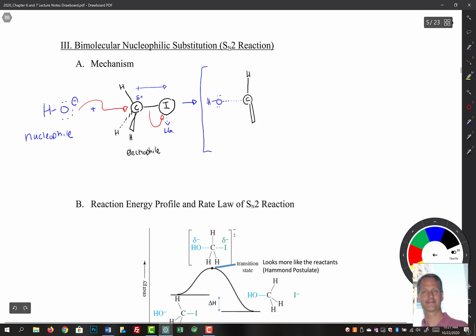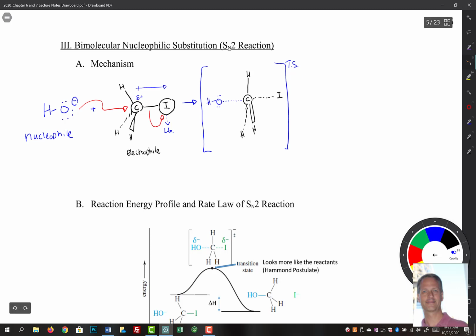So they're going to look like this. And then the bond here is going to start breaking. So this represents our transition state.